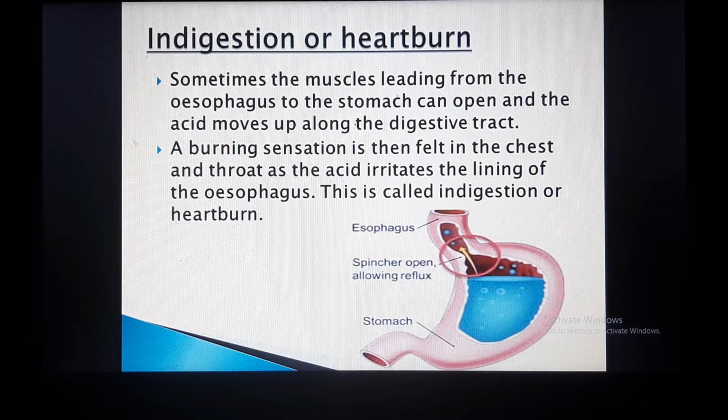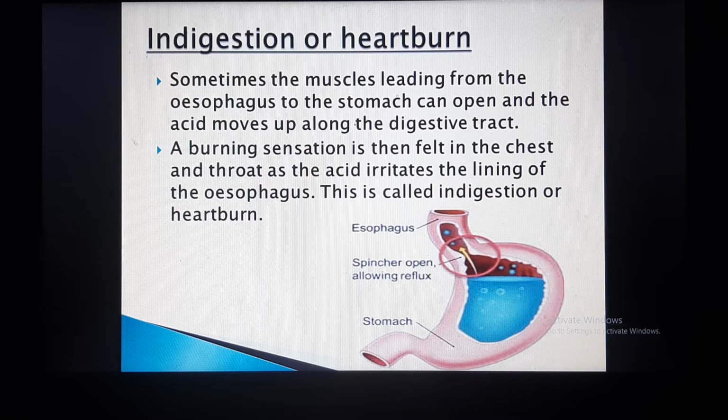Why is it known as indigestion? Because most probably it is caused by the indigestion of food. Sometimes the food is not digested properly, and at that time this acid moves to the esophagus. So it is known as indigestion or heartburn. This burning sensation, usually we can feel it in the chest and throat.